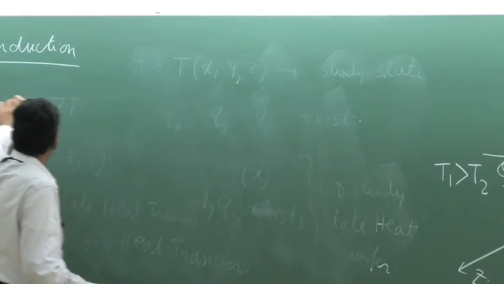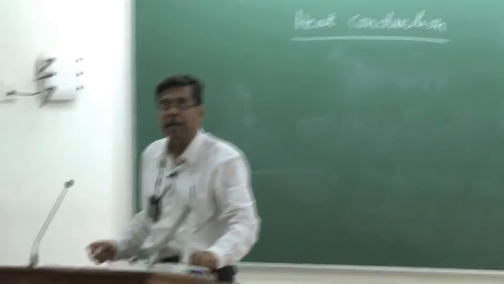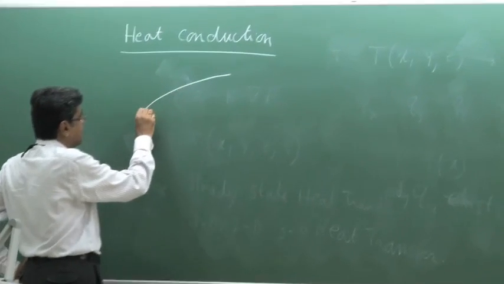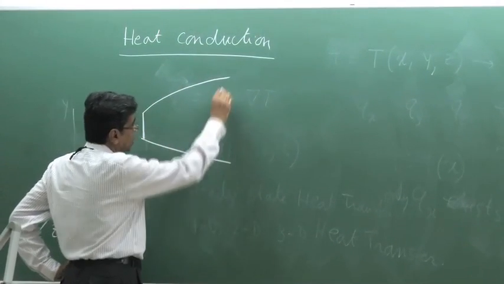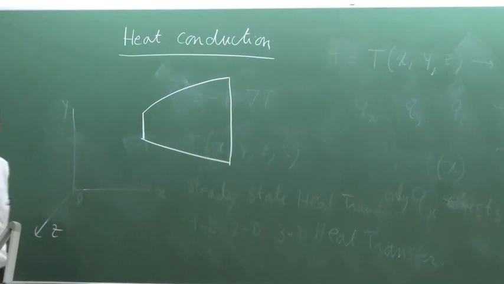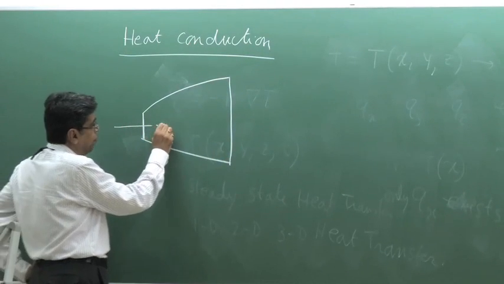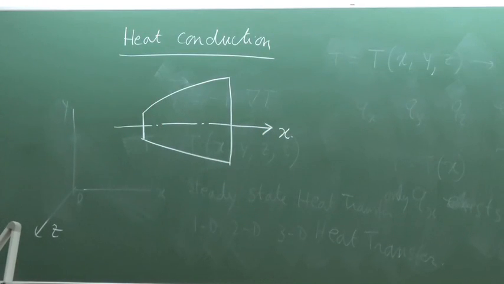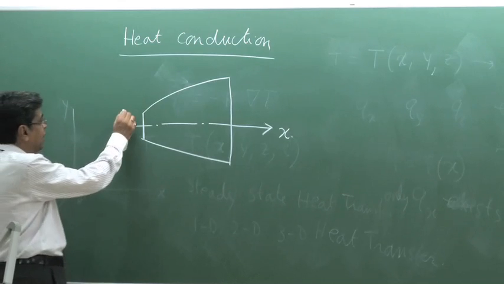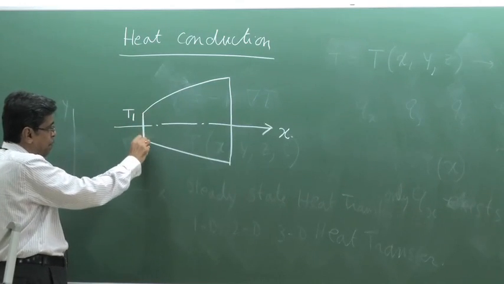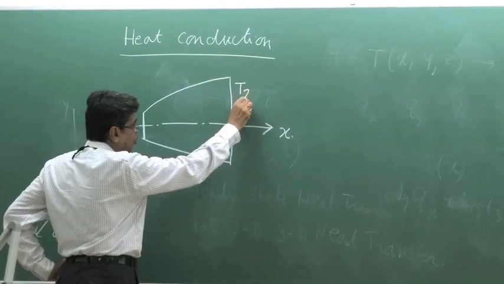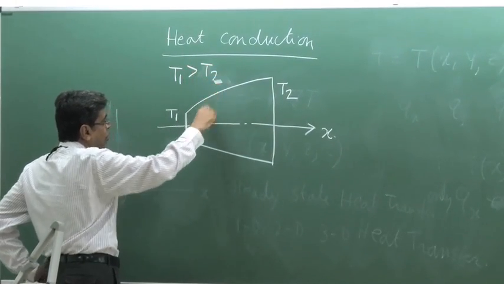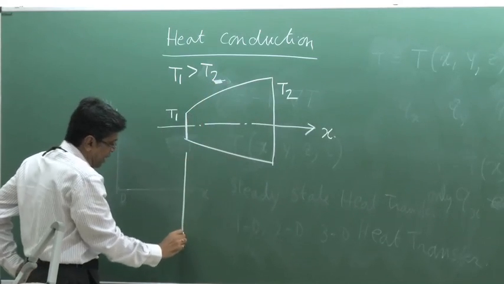Now, if we have a solid like this whose area is not constant, and if we try to conceive a one-dimensional steady state heat transfer by making this surface at a temperature T1 and this at a temperature T2, so that T1 is greater than T2, then what will be the temperature variation?